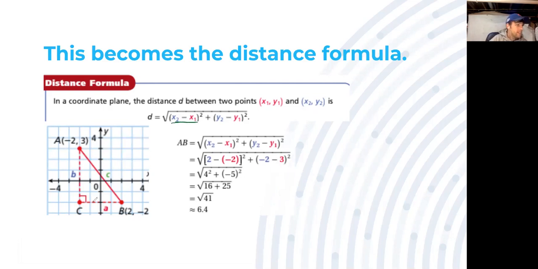So x2 minus x1, what that's really doing is it's taking these x coordinates and subtracting them, and figuring out this side length. That's all that's happening with this x2 minus x1, it's figuring out that side length and then squaring it, just like the Pythagorean theorem.